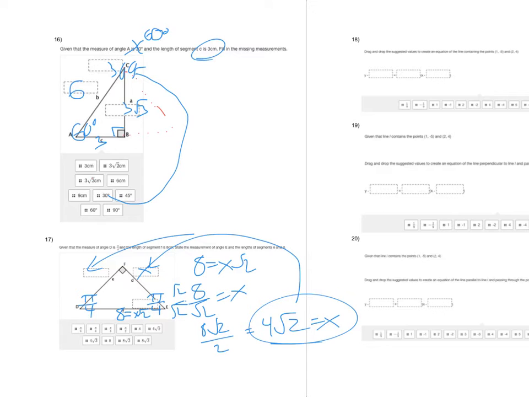Just like in the 30, 60, 90, for the 45, 45, 90 triangle, if you really get stuck, you can always say, okay, well, this is x, and then you have basically a right triangle where you've got x, x, and 8.